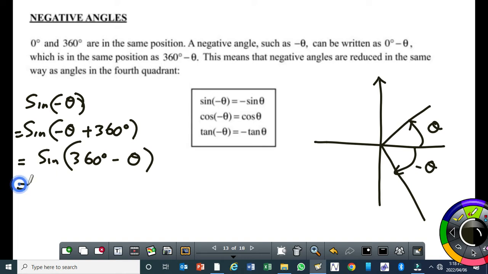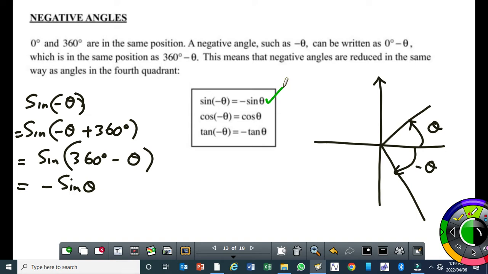And we know what this is. It's equivalent to minus sine theta. So sine of minus theta is the same as minus sine theta. That's what you got here. Please be ready today, you have to memorize quite a lot of things.